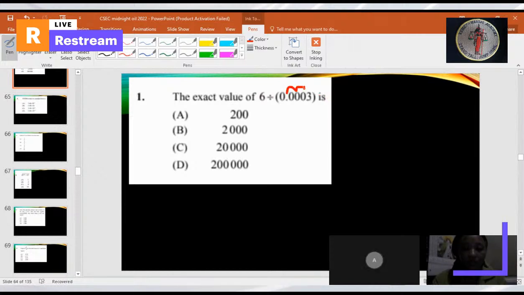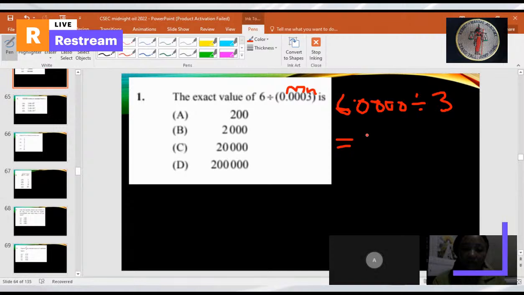All right, so we'll be moving 4 places to the right. So we're multiplying the 0.0003 by 10,000, and that becomes 3. And 6 by 10,000, and that becomes 60,000. So this is what we're really working with. And that makes it easier.